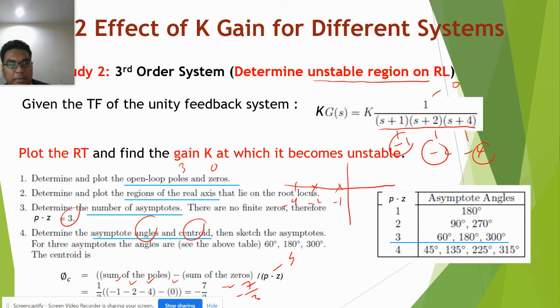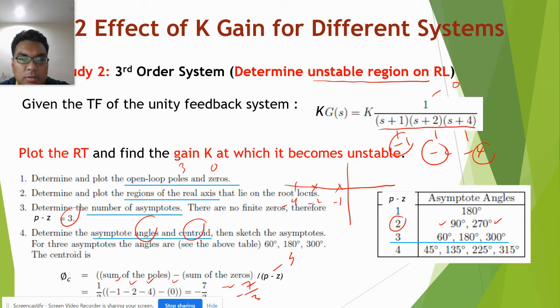So this is an example of how you get the value of the centroid, which is different from the value of the breakaway points. This is the table of asymptote angles. Basically, previously when you got an asymptote number of 2, you got angles of 90 and 270.